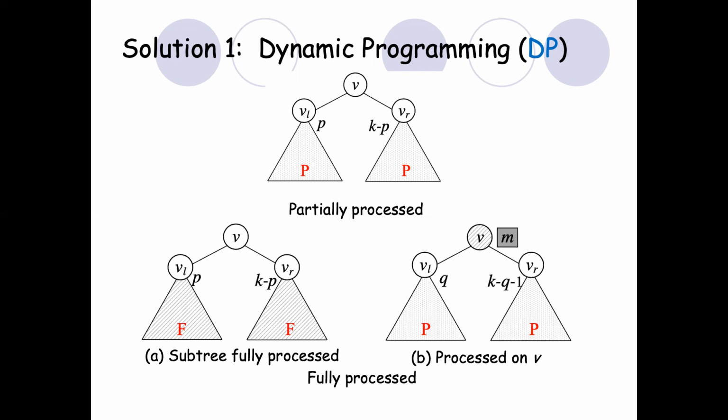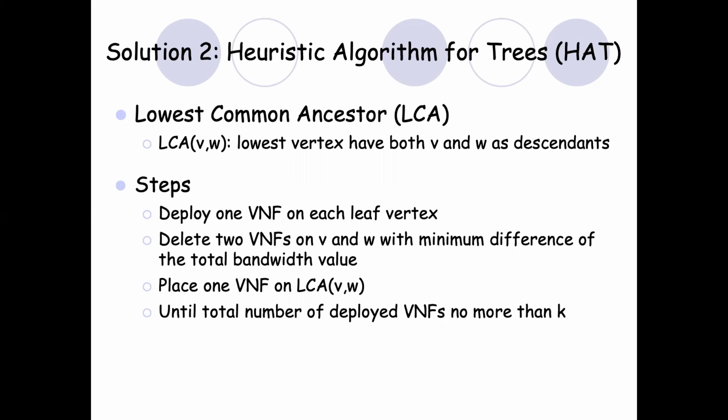So the minimum bandwidth in the subtree TV is selected from all the combinations of allocating the remaining K-1 middle boxes in its subtrees.